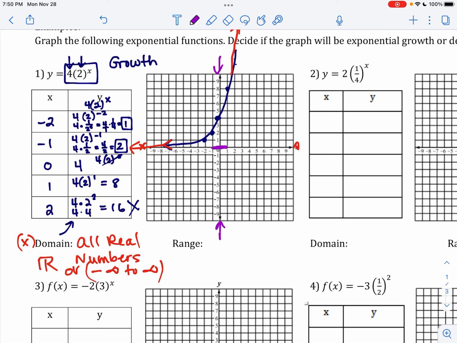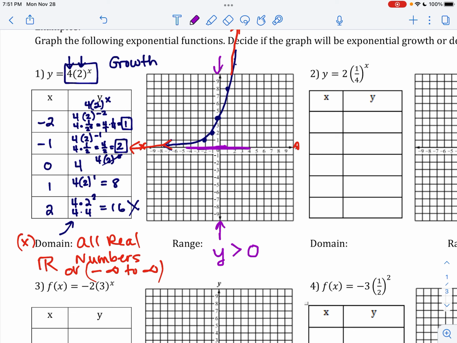So my range is going to be when y is greater than 0, because all of my graph is above this point right here at the x-axis. It's above the x-axis where y is equal to 0. And so since the graph is there, it includes everything above 0.